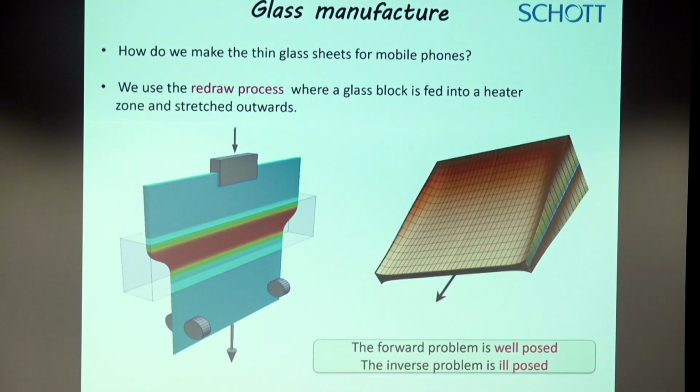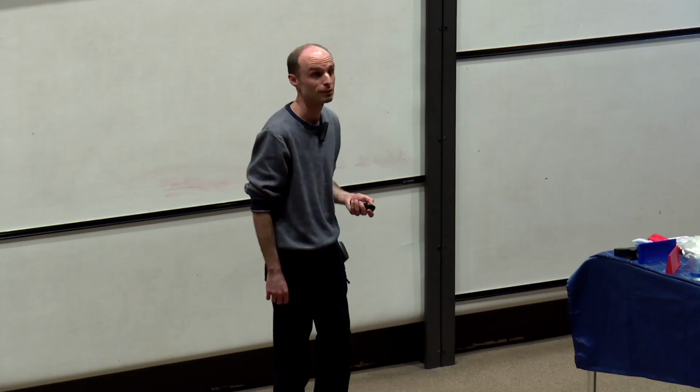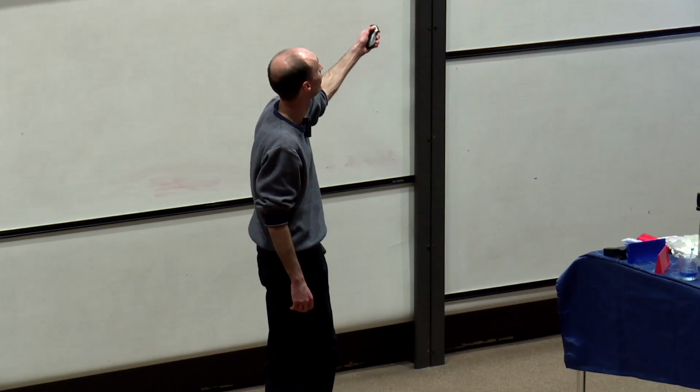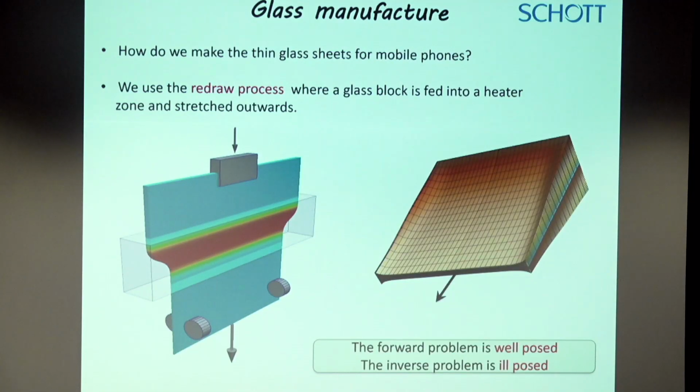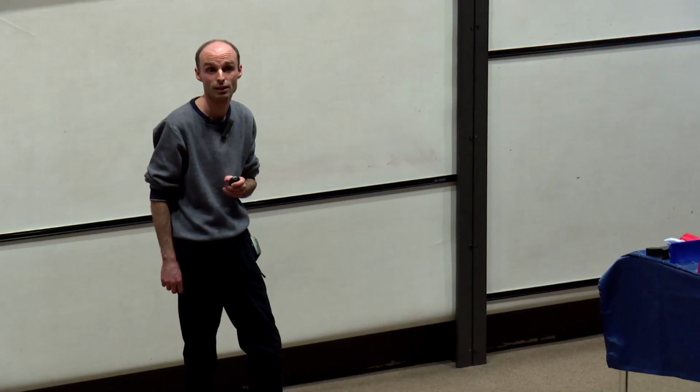This is called fracture. But the problem, just like the other glass problem, the forward problem is well posed. I can take a rectangle here and I can pull and stretch and I can tell you exactly what the shape will be at the end. But if I give you a final shape, it's very hard to work out what shape I should have started with to get that.